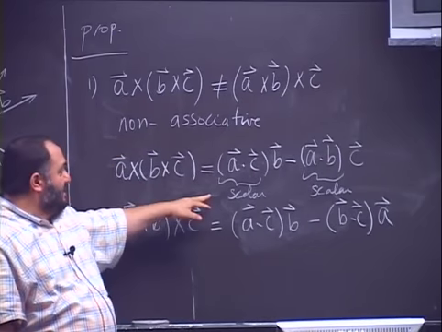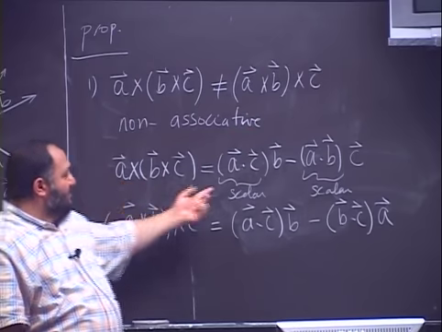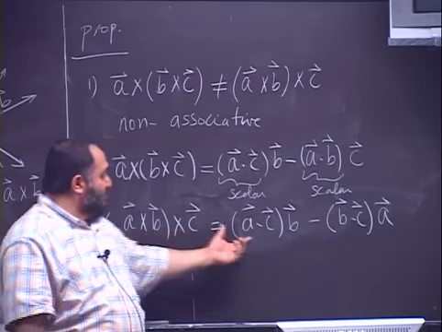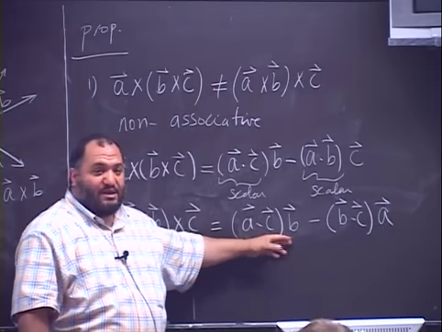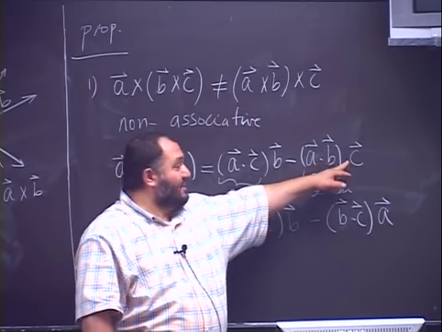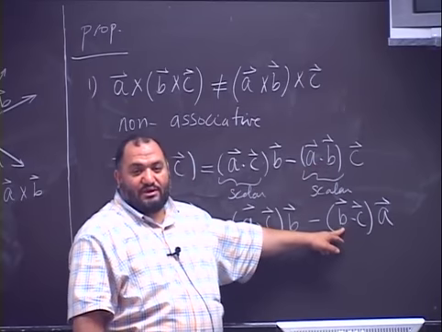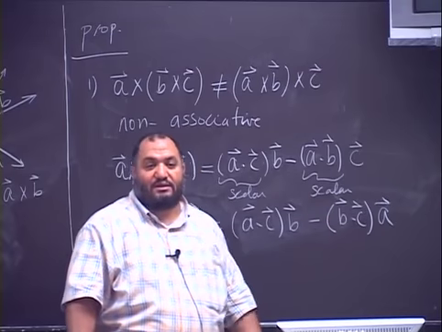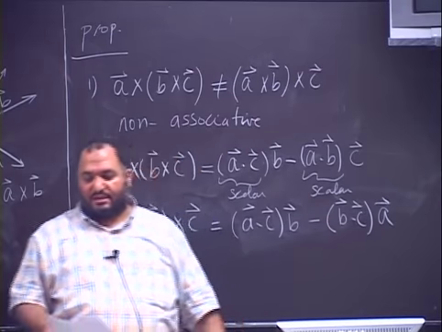Here it is why. So this one will give you A dot C multiplied by B, and this one also will give you A dot C multiplied by B, but look for the second term. The second term here is A dot B multiplied by C. Second term here is completely another vector, B dot C multiplied by A. This is why they are not the same.